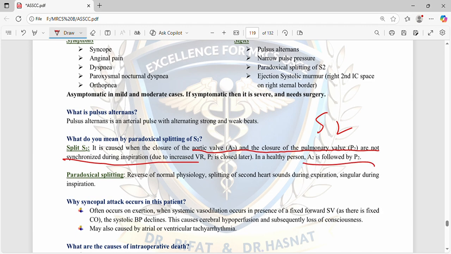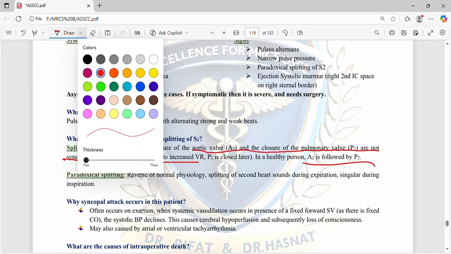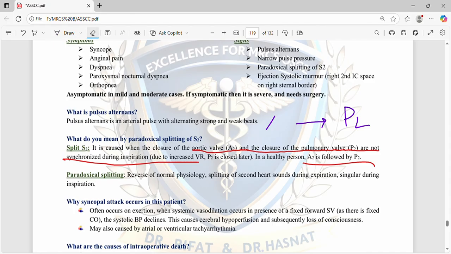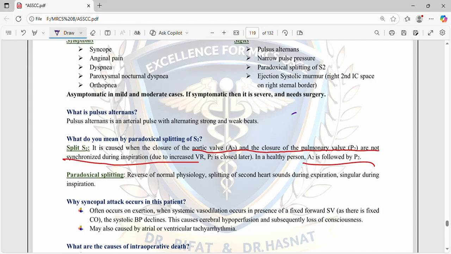So S2 is composed of two sounds. This is called splitting. Actually we have first A2, then followed by P2. This normally occurs in inspiration, while in expiration, in normal patients, these two are very close together, and sometimes they are heard as one sound or as a very little split.